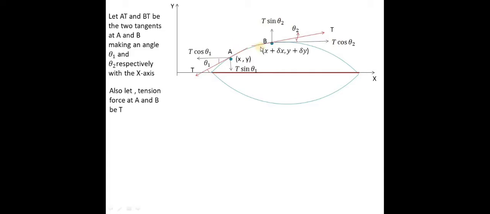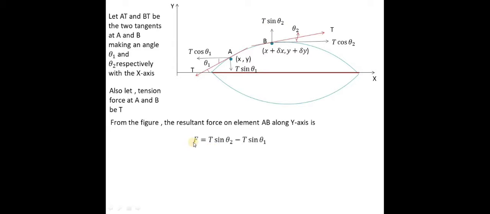So the resultant force on this element AB is given only by these vertical components, and it can be written as F equal to T sin theta 2 minus T sin theta 1.